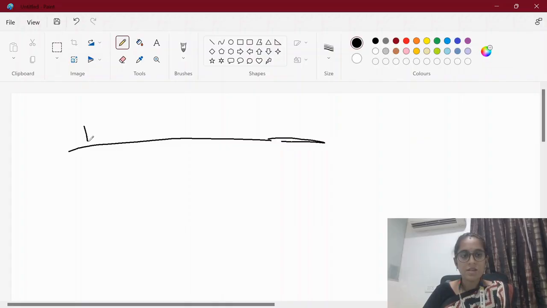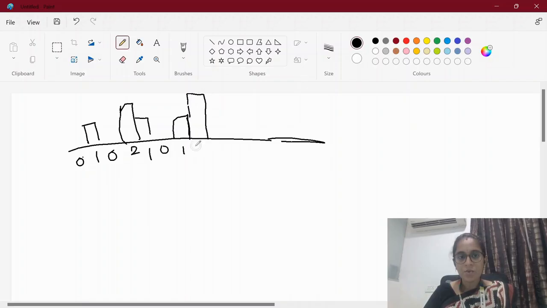The units they have given are: first 0, next 0, next 2 units, next 1, next 0, next 1, next 3 units, next 3 units, next 2 units of building height, next 1, next 2 units, next 1 unit.